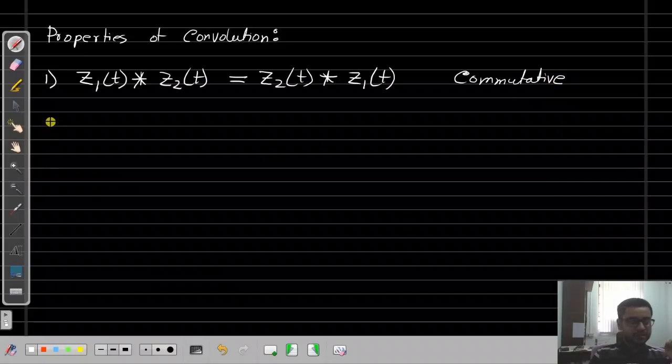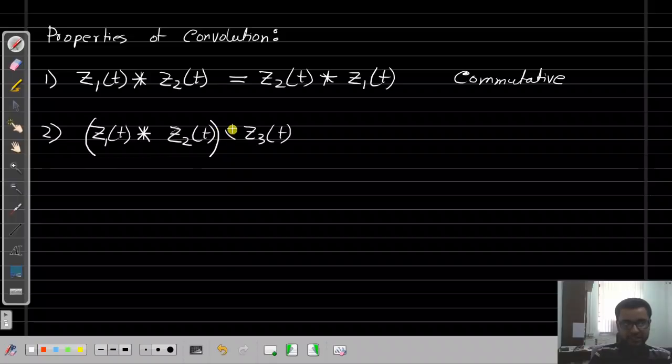I shall prove it, but before that, another important property. Suppose I have three functions, say z1, z2 and z3. Then you can calculate the convolution between z1 and z2 and take the result and then convolve the result with the third function. So first between z1 and z2, then the result with z3.